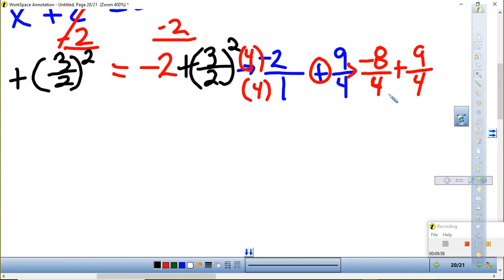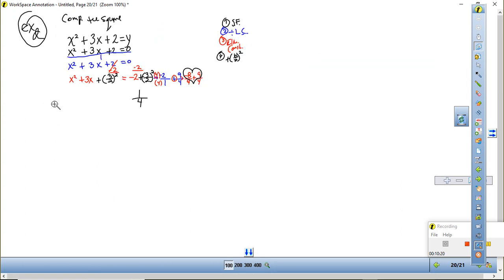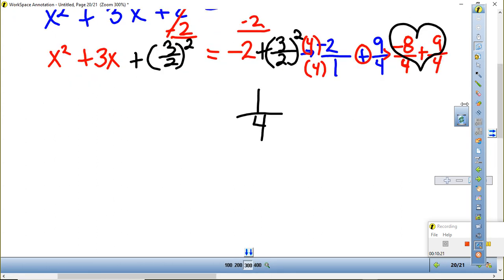Do we have a common denominator now? Yes, I write it here. And what is negative 8 plus 9? 1. And now we simplify that side already. I'm going to zoom out. I bring all of this down.